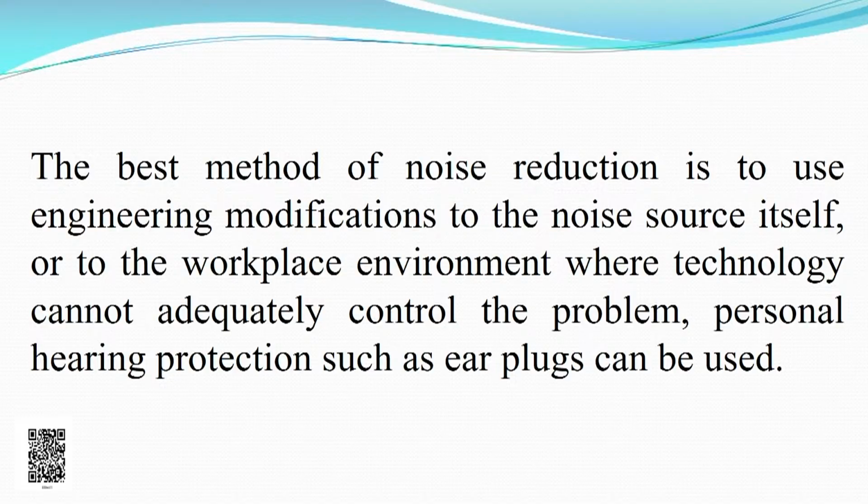Personal hearing protection such as earplugs can be used. And personal protection, however, should be considered as an interim measure while other means of reducing workplace noise are being explored and implemented. So now we will talk about chemical hazards too during this program.